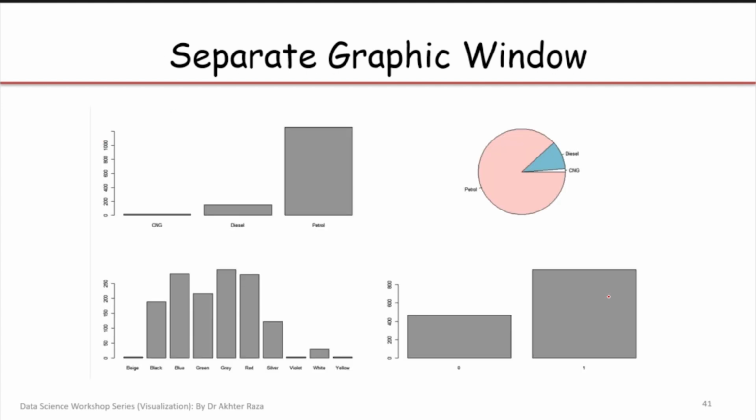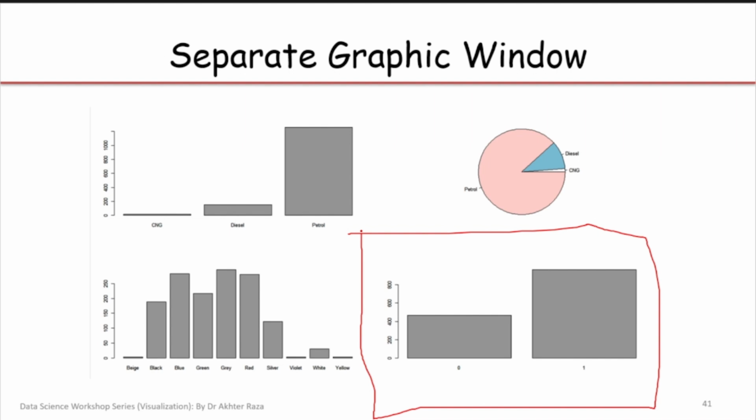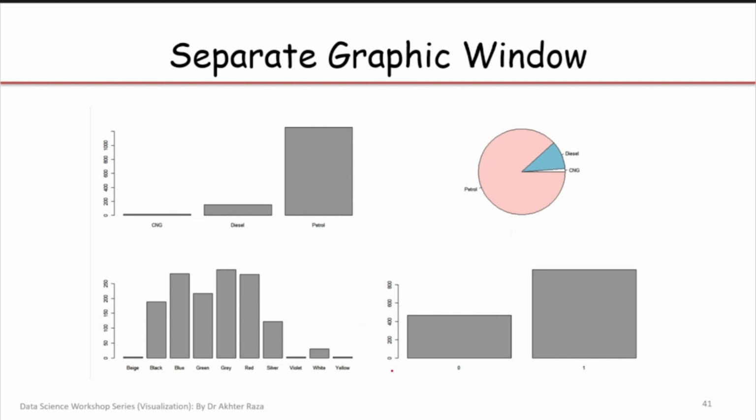The output is this. You can create a box around each of these graphs. If you want to create a box here, you have an option. This can be created by using a box function.